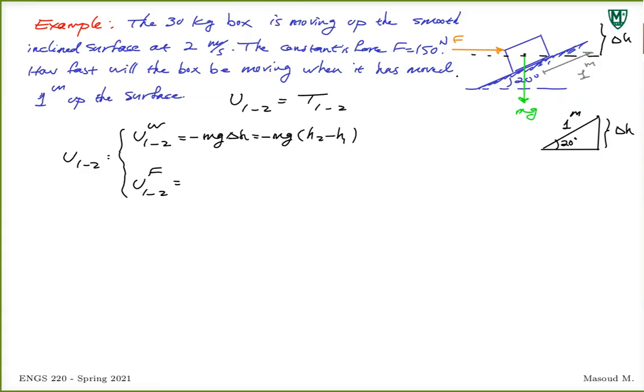Now, what is that delta H? Actually, it's better not to write H1 minus H2. Just write it as delta H. What is that delta H? How much I'm going up?